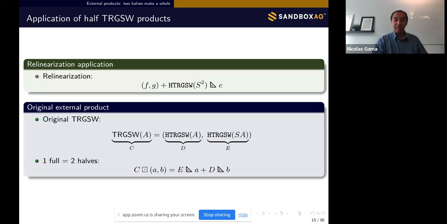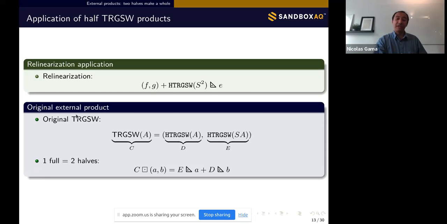So yeah, the idea is that now, for the relinearization, we finally have convergence between this half external product notion with the arithmetic interpretation and the relinearization key. So we are really multiplying by S square, where S square is secret.